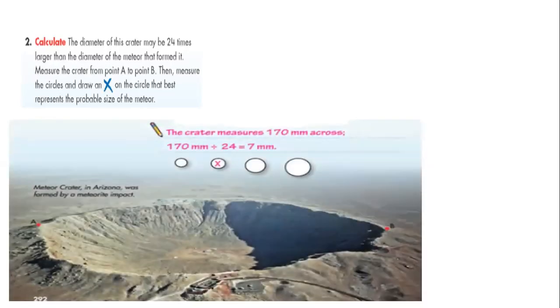This meteor crater in Arizona was formed by a meteorite impact. The crater measured 170 millimeters across. Now 170 millimeters divided by 25 is 7 millimeters. Put an X here.